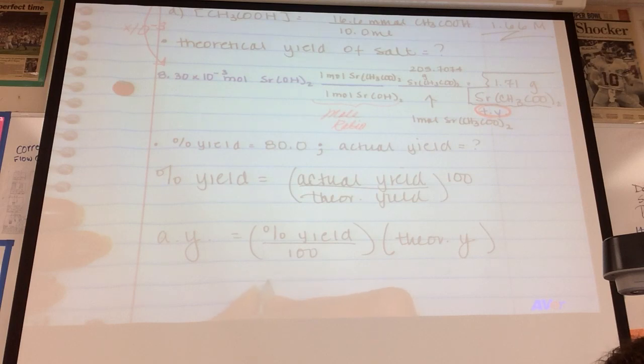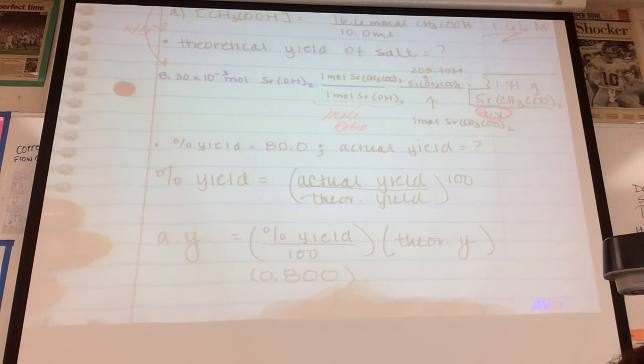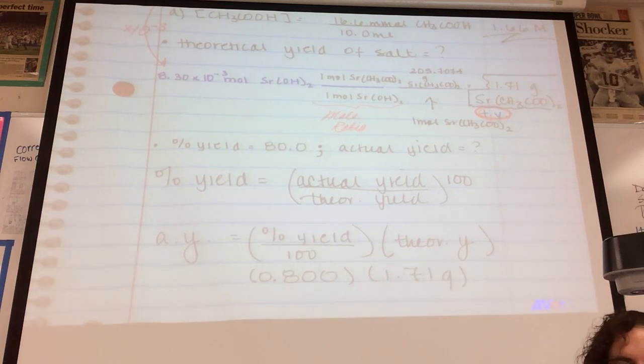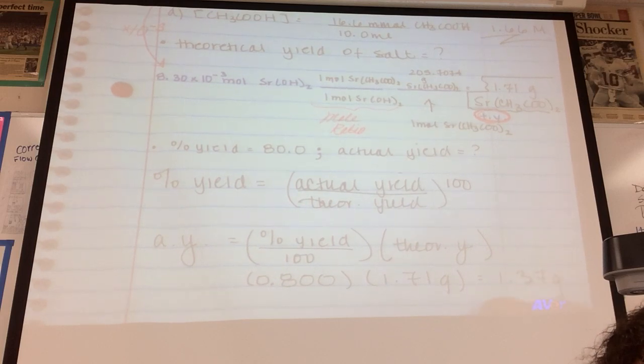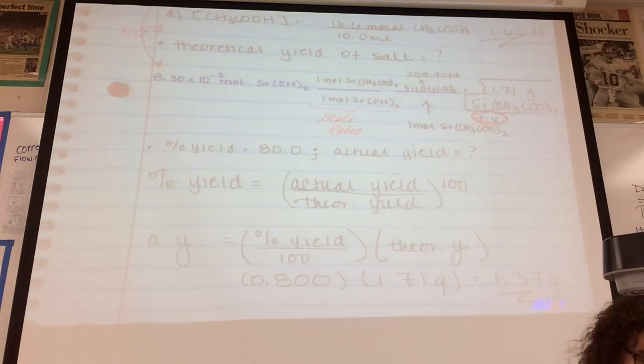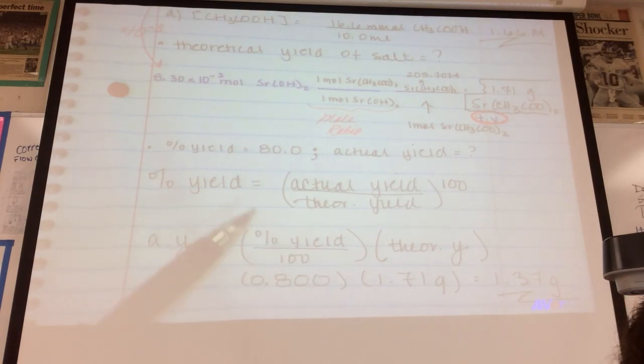So that would be 0.800 times 1.71 grams. And this should look very familiar to you. That's 1.37 grams, your actual yield.